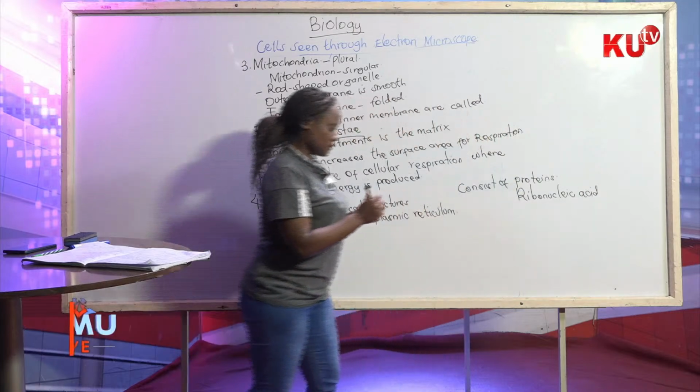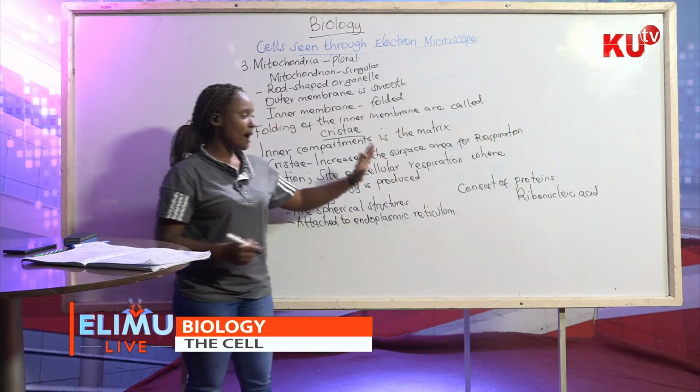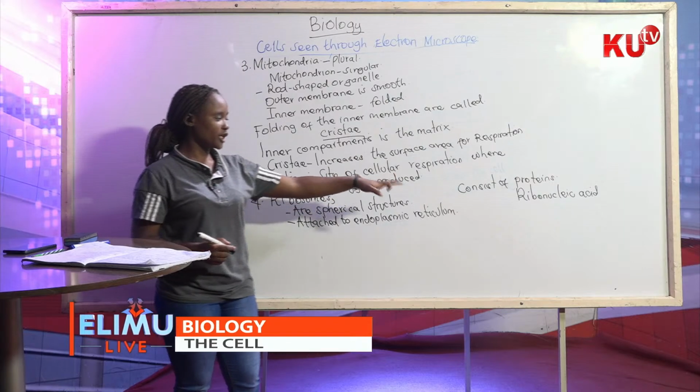So the ribosomes consist of proteins and ribonucleic acid.